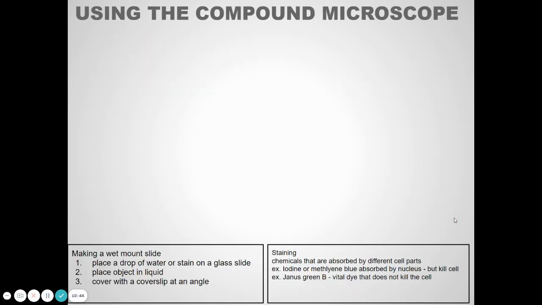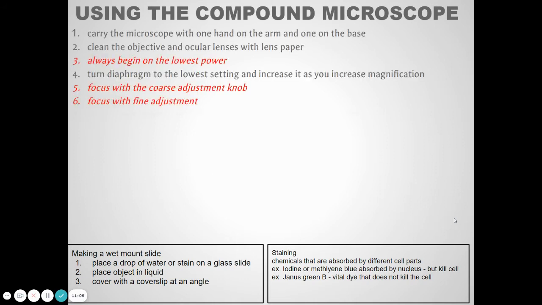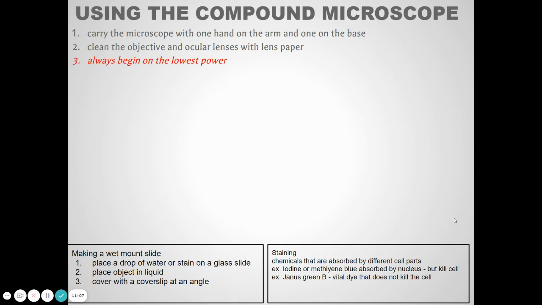Now, when we do activities using the microscope, which we'll do a few of this year, what often happens is people have trouble finding and focusing on the object. So I'm going to tell you exactly how you should use the microscopes. First of all, you always want to carry the microscope with two hands.